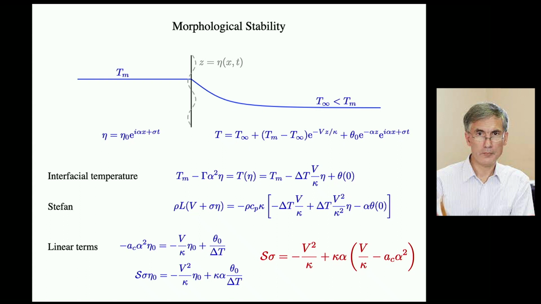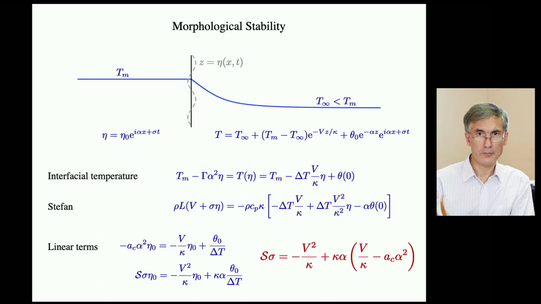So that's the temperature at eta, at the perturbed position, but I can use a Taylor series to map that back to eta equals 0. And so I get Tm is the base state, a delta t times minus v over kappa times eta. This is the first term in the Taylor expansion, and then theta evaluated at 0.